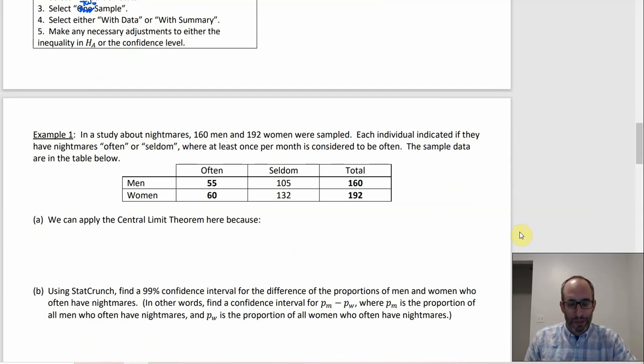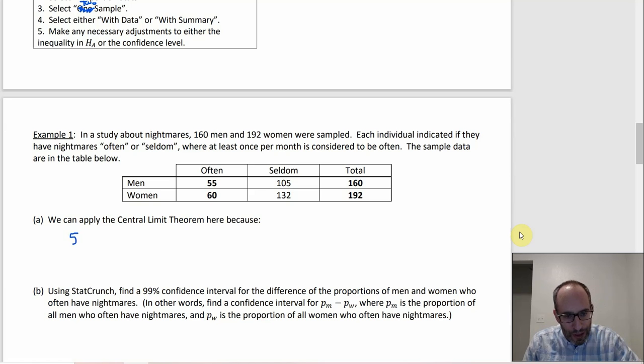Because the numbers of successes and failures are all at least 5, right? So the numbers of successes are the often column, they're the ones in bold. And the failures, I guess, would be seldom because we're interested in often, right? So seldom just being the other possible choice here, not the bad one, right? I would argue that's the better one here.